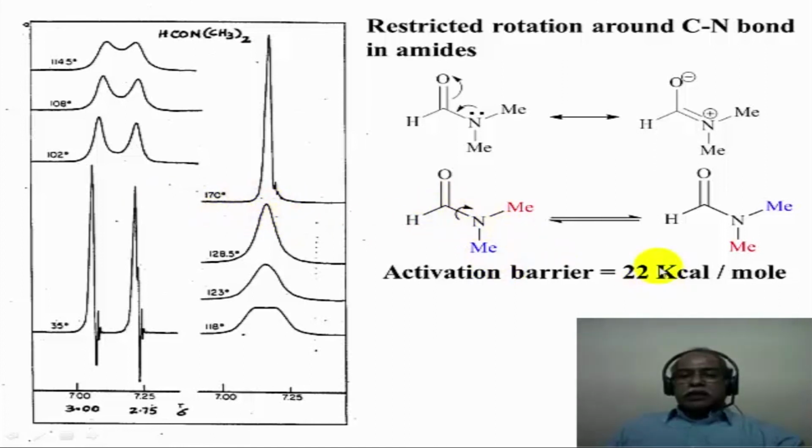Because of the restricted rotation having this kind of a barrier, you have to heat up this sample to high temperatures before coalescence can take place. The coalescence temperature is roughly 123 or so, because you can still see two peaks in this region at 18 degrees. So the coalescence takes place around 120 degrees or so, which corresponds to the coalescence temperature. Above the coalescence temperature, you have a sharp singlet, and below the coalescence temperature, you have two signals corresponding to the two methyls, which are indicated by color coding.